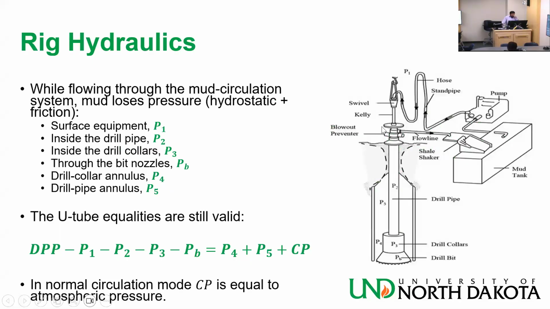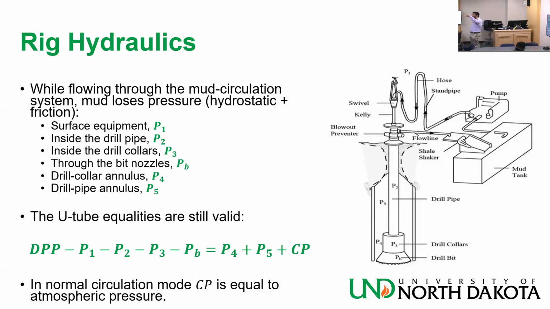Okay. This is an overview of the rig hydraulics. And it's something not really new for you because you have seen the circulation system before. So you know, we start from the mud tank, we get sucked into the pump, which gives you pressure, expels through the discharge line, high pressure.